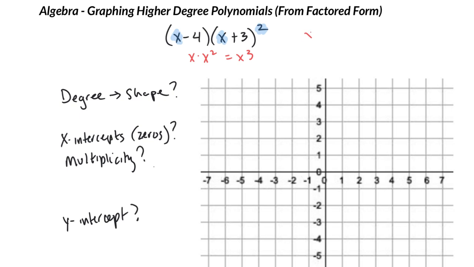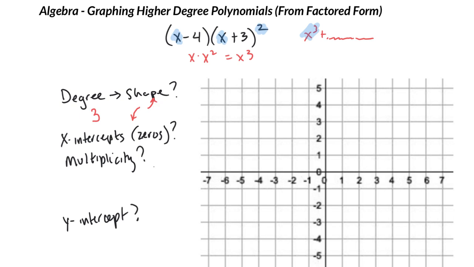I would have an x cubed, and there's going to be a lot of other stuff that comes after that if I multiplied this out. But all I need to care about is that the highest power is going to be x cubed. So that is my degree. My degree is 3, which, if you remember, the shape of anything that's odd degree starts off negative, going down here and going up here.